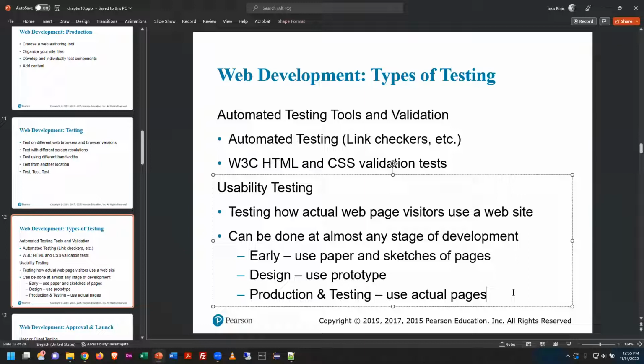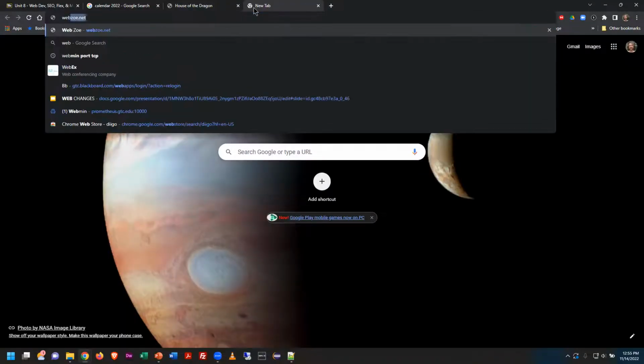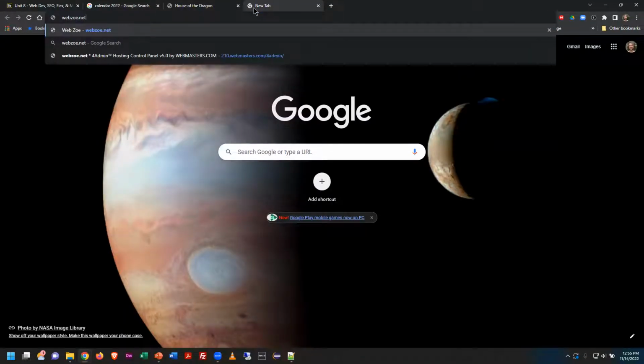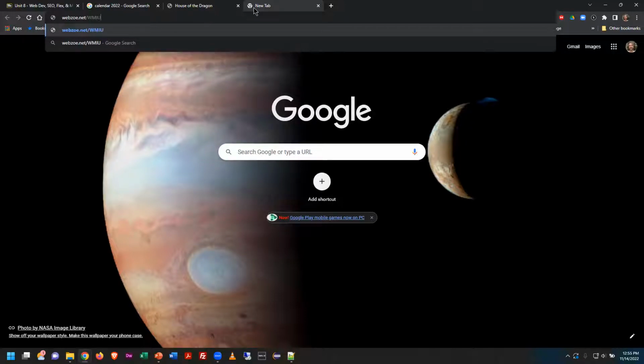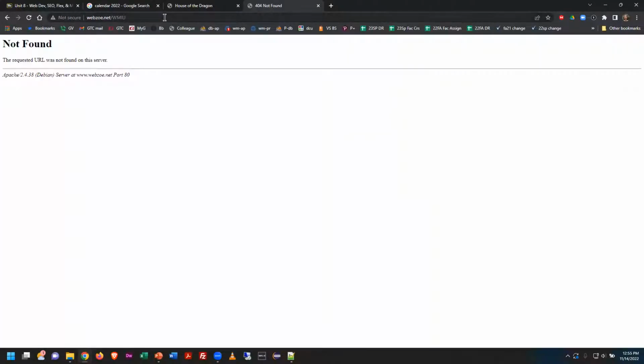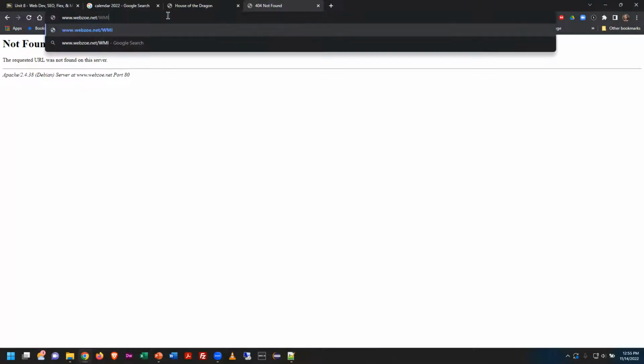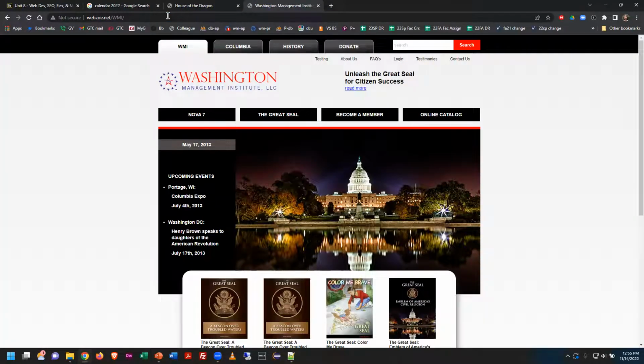So that's why they say that. It's also possible to do a prototype, and I think I demonstrated this last time, where, for example, I was doing some web work and I had a design that I was working from, and I'm trying to get the right URL here. This is it. This is what I call a prototype site. This is not a finished website. It's an HTML mock-up. I was going to build this into WordPress, and it never quite came to fruition.